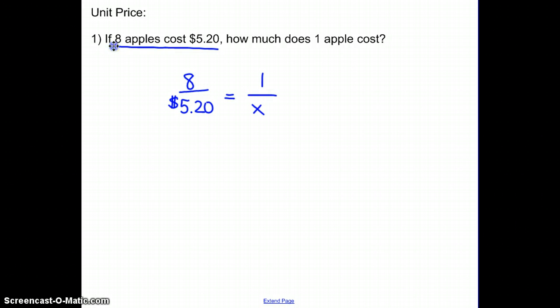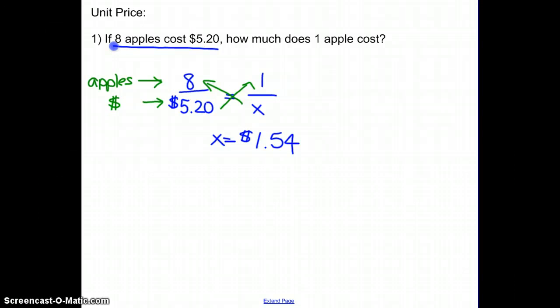So again, on top we have apples, and then on the bottom we have cost. You can go ahead then and cross multiply, and you'll find that x equals about $1.54 for one apple. So that would be your unit cost.